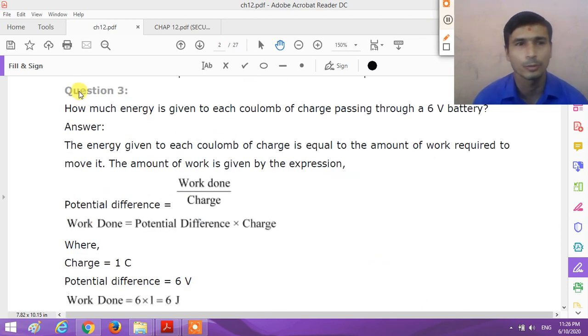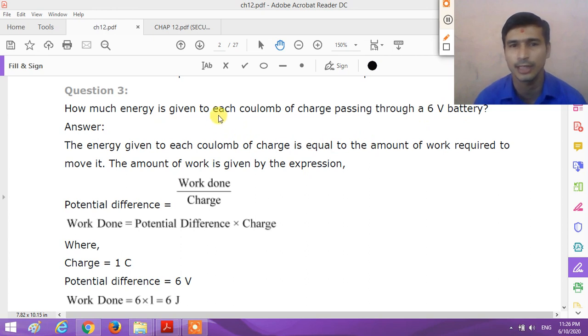So now question 3. How much energy is given to each coulomb of charge passing through a battery of 6 volt? So what energy is given to the 1 coulomb of the charge?